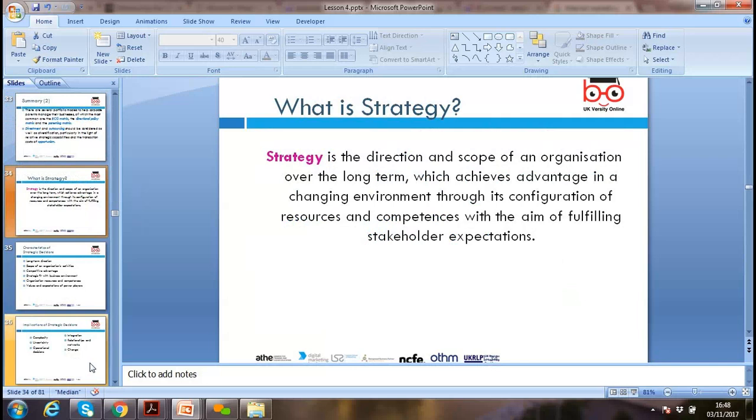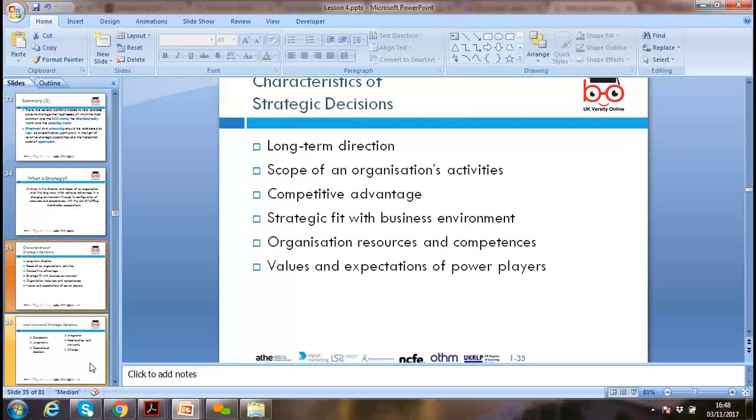We already learned what is meant by strategy: the direction and scope of an organization over the long term, which achieves advantage in a changing environment through the configuration of resources and competences with the aim to fulfill stakeholders. We learned about stakeholders in the previous lesson. A stakeholder means anybody who has any interest, called a stake, in a business, or will be impacted by the actions of the company. Anybody, any questions, guys?